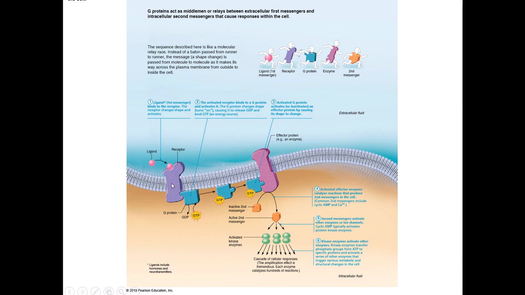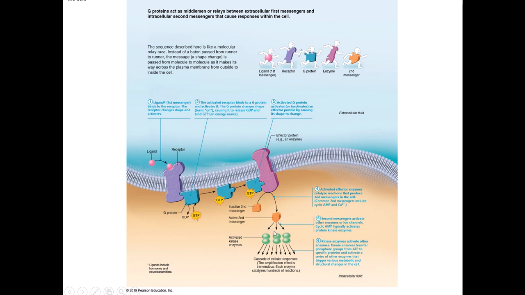The ligand hands off the message to the receptor, which hands it off to the G protein, which goes and activates this other enzyme. That second enzyme here then activates our second messenger. And it can actually activate lots of these second messengers.